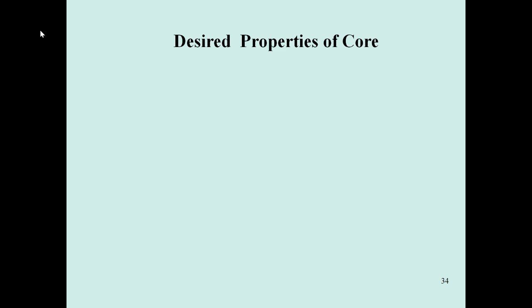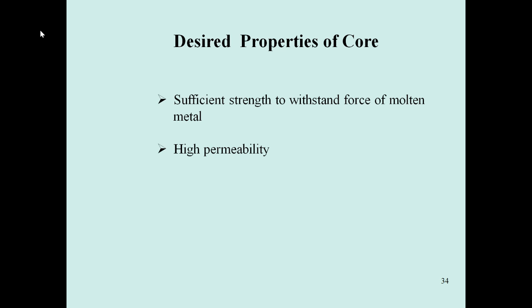Next, desired properties of a core. What are the desired properties of cores? We can see here: sufficient strength to withstand the force of molten metal, since molten metal temperature is very high. Next, high permeability, good collapsibility, and high refractoriness.